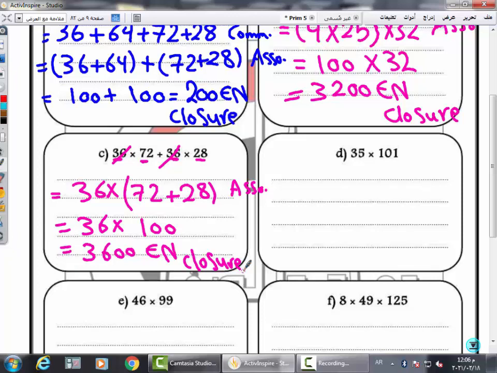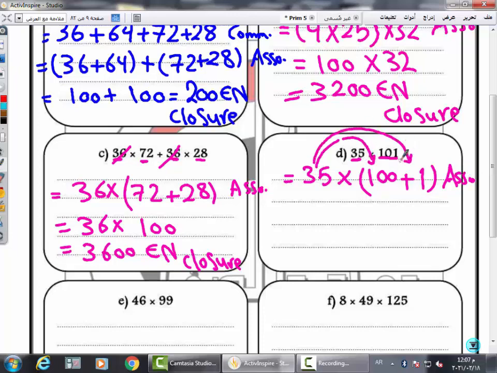Number D: 35 times 101 equals, we have 2 numbers. What can I do? We look at 101 and convert it to an addition, then multiply 35 by 100. We write 101 as 100 plus 1. This is called associative. Then we make distribution: 35 on 100 and 35 on 1.